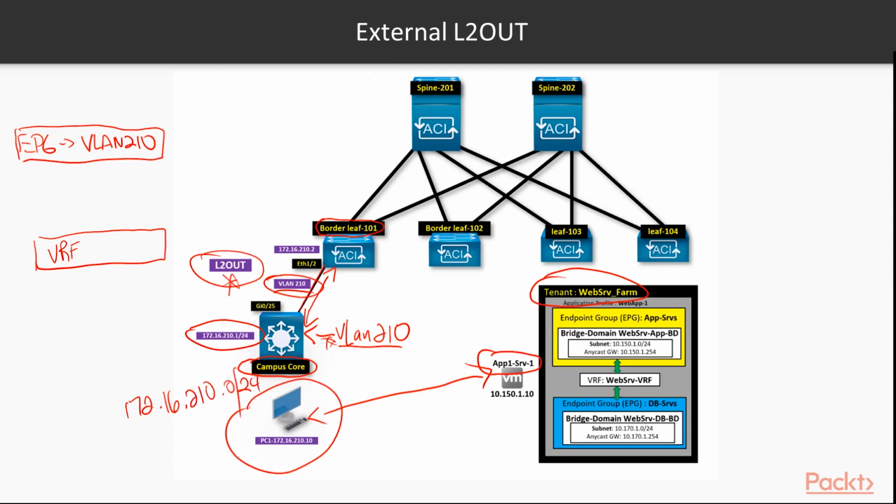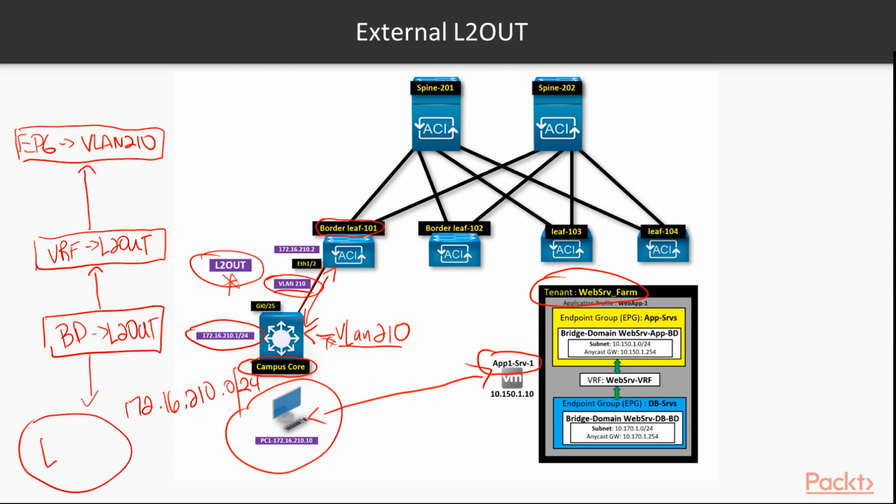That's the L2OUT subnet that we want to reach, okay? And the VRF, we can call this VRF L2OUT, right? And then we have a bridge domain, and we can call that L2OUT as well. This connects to the VRF. The VRF is attached to the endpoint group. And ultimately, your L2OUT attaches to the VRF.